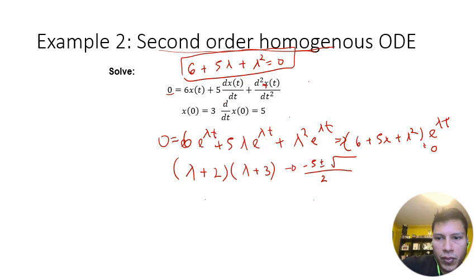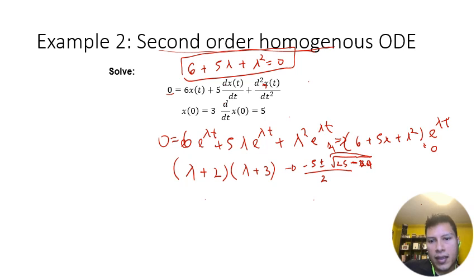The square root of b squared, which is 25, minus 4 times 6, which is 24. So this is just equal to 1.